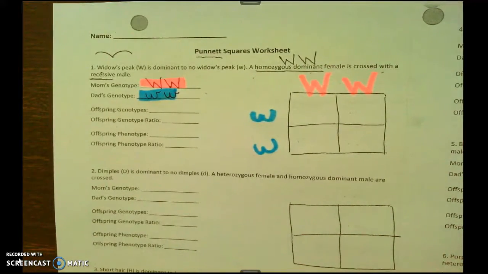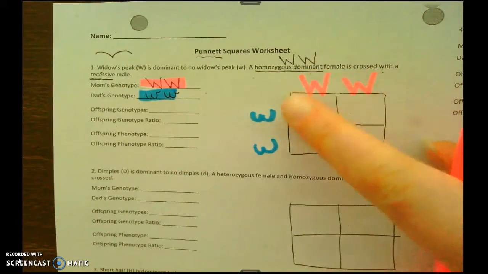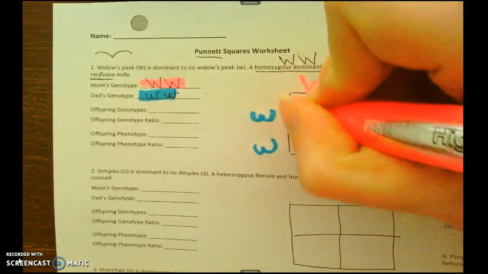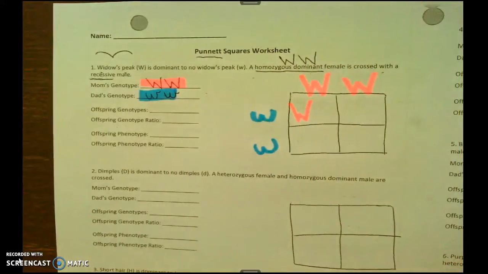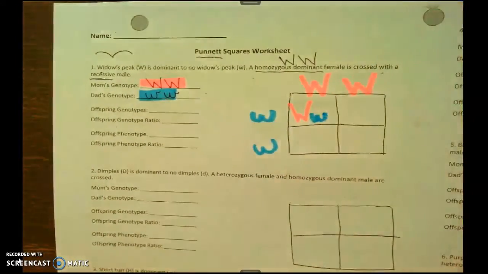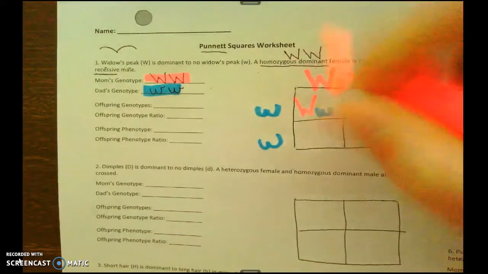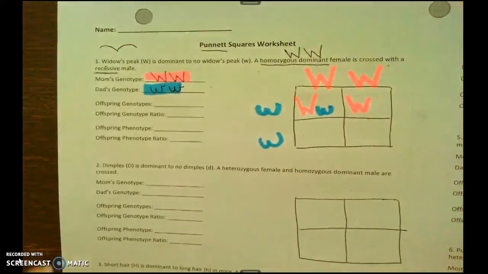Okay? Now, I'm going to do 1 box at a time, and I see that this is capital, and I like to write my capitals first, so the mom gave a big W, and the dad gave a little w to this individual. And again, in this box, the mom gave a big W, and the dad gave a little w.